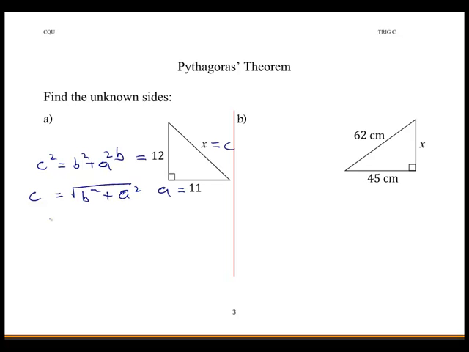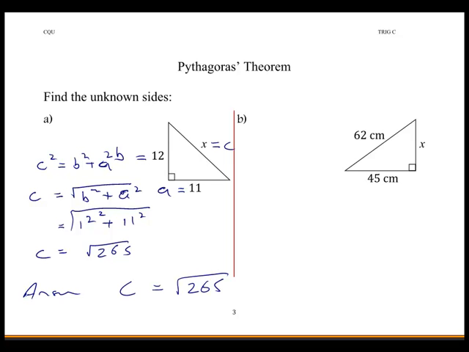Remember we're solving for C here. So then we just put it in. Use our calculators. So here I've just given it as a square root, but you can give it as a decimal. It's up to you.